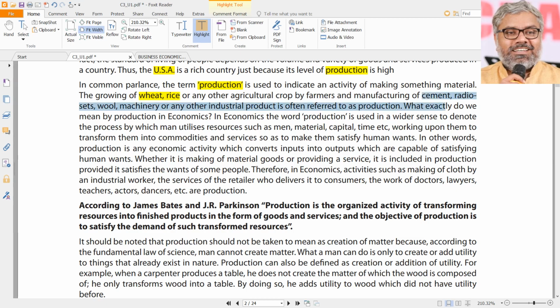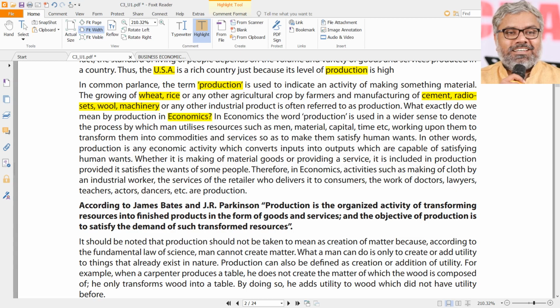Let us say manufacturing of cement, radio sets, wool, machinery or any other industrial products, is it production? Definitely yes, because we can see them. It is easy to tell. Cement manufactured, yes, it is production. Some cloths manufactured, it is production. Cars manufactured, it is production, because they are visible. But is that exactly what production is, even in economics?